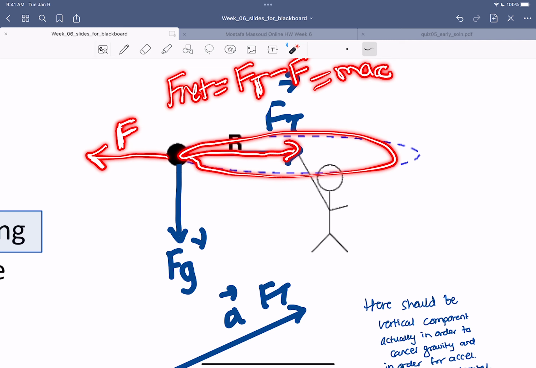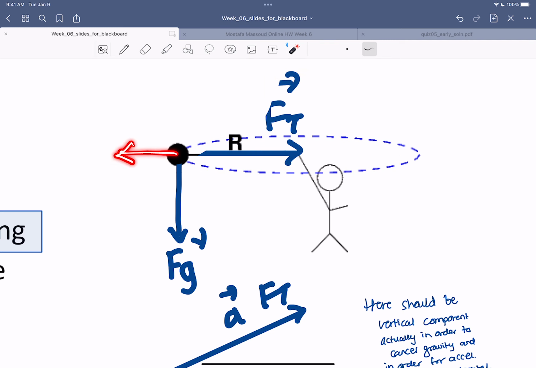But at the same time, it's being held back by the other force. So the other force is directly affecting what type of centripetal force we can offer. That's why we would include that other force in the equation, because it's directly factoring into what our overall centripetal force or net force is going to be.